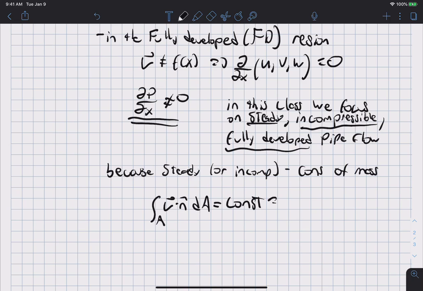Okay, and this constant is the volumetric flow rate. So basically, this is saying that Q is constant along a pipe.